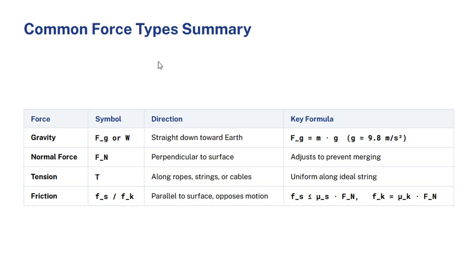So the common forces we have are gravity, straight down; normal force, perpendicular to the surface; tension, like ropes, strings, cables; and friction, like when you rub something against a surface. Friction can turn into heat, but it's also a force pulling the opposite way, like tension in a way.